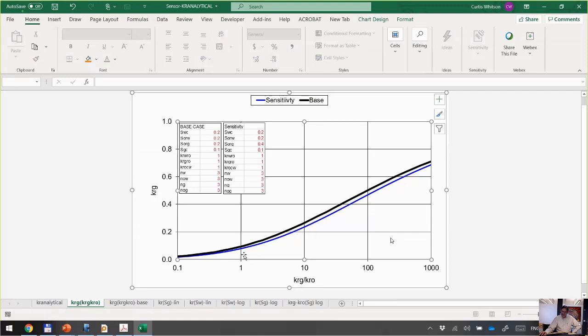It's drawing this thing down. The parameters I've selected give the base case a 0.1 KRG, KRO at the crossing, so that's a realistic type. You see it's moving it down just to about 0.09 from 1. So it's not much change at all in this curve from going from 0 to 0.4.